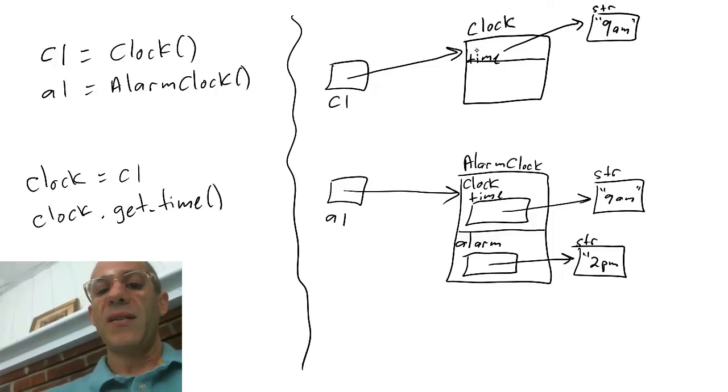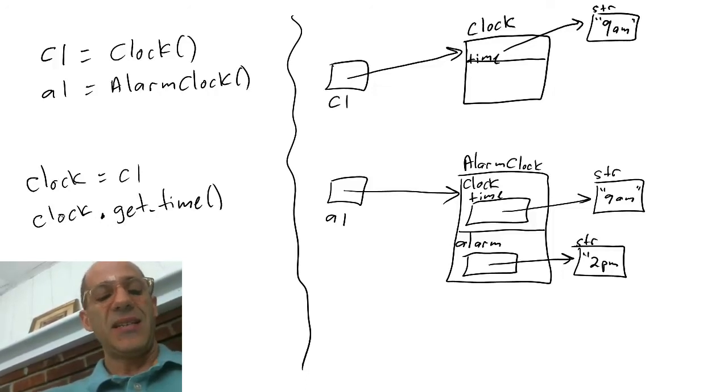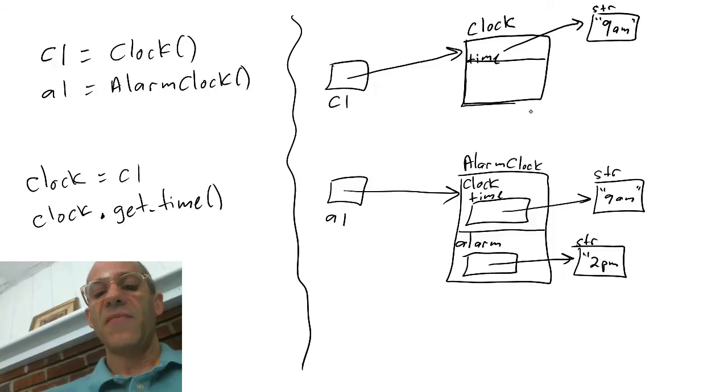But the method is associated with an object of type clock. And so when we use this dot, we're saying access the instance referenced by the clock variable, which in this case is the same as C1. We're accessing the reference in clock, and we can access the getTime method that's in here.